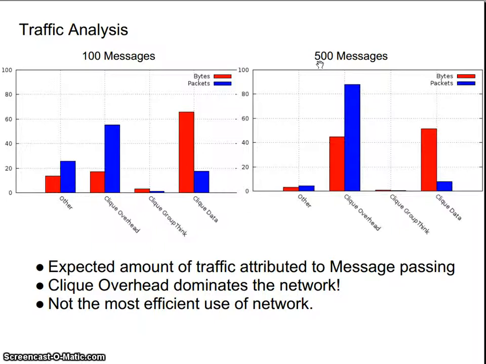When we increased the number of messages that we were sending, this problem only became more pronounced. Having almost 90% of packets being overhead packets made the network very slow to converge, and message sending was quite slow.